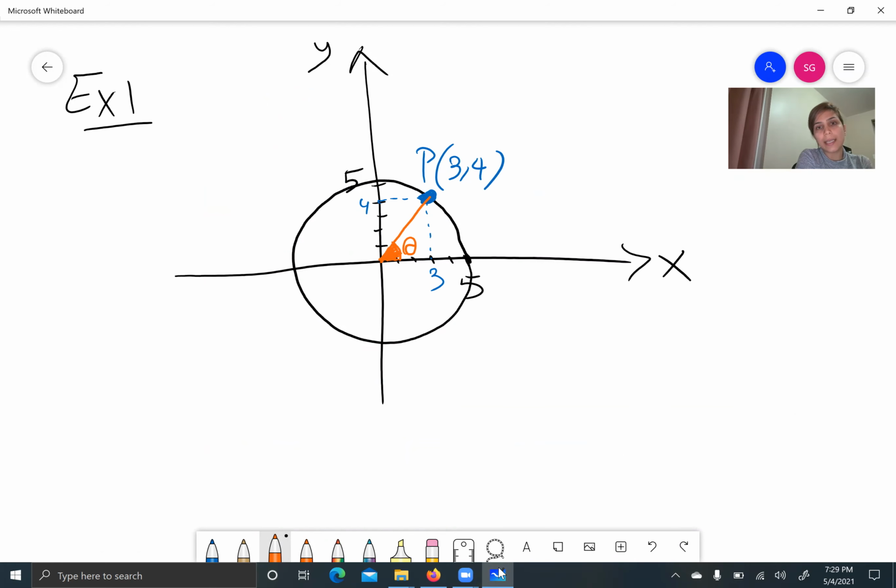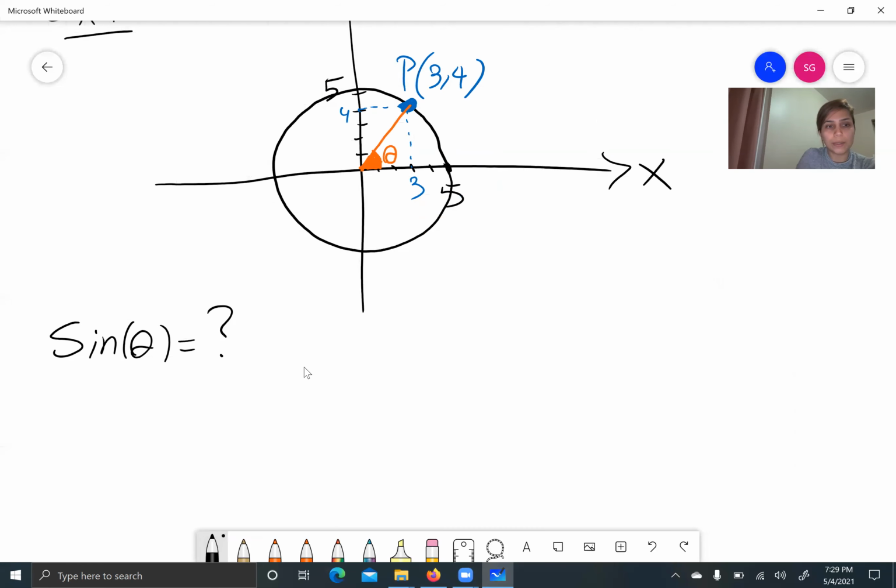The terminal side is this line that passes through our point. So theta is the corresponding angle to the point (3, 4). Now, what's the question? Find cosine and sine of theta. So what is the sine of theta, and what is the cosine of theta?